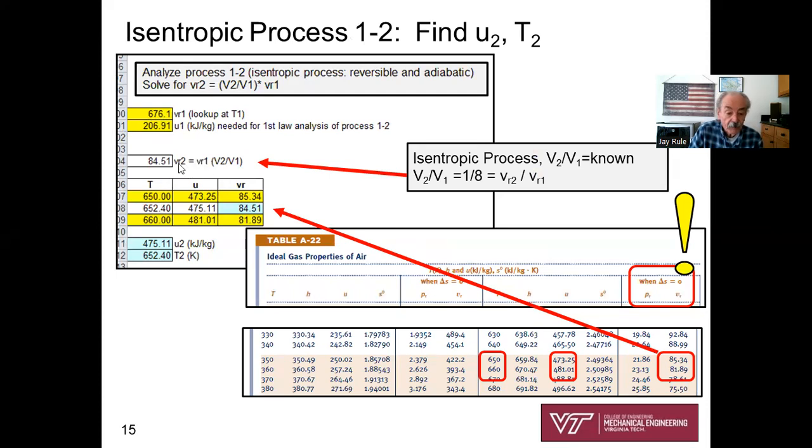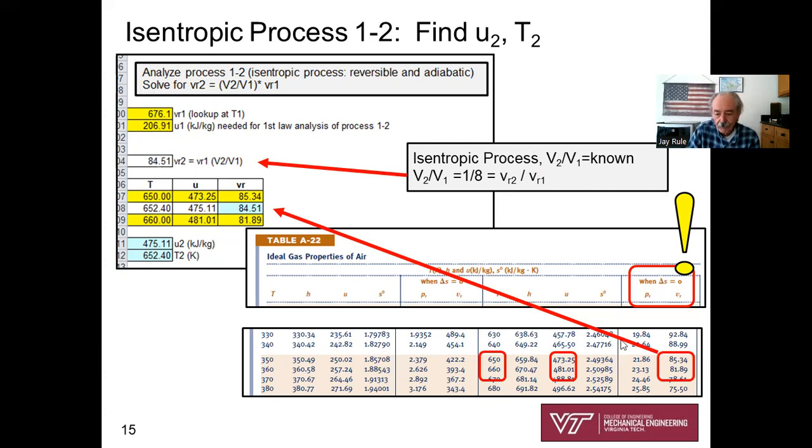So vr2 equals vr1 times v2 over v1. We have both of these. V2 over V1 is 1/8, isn't it? So vr2 is 1/8 of vr1. vr2 is 84.51. Oh, yay.